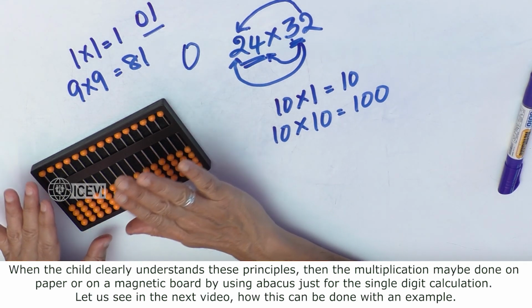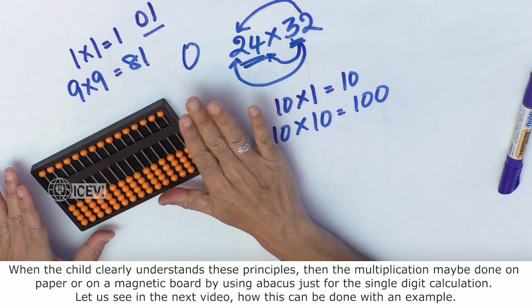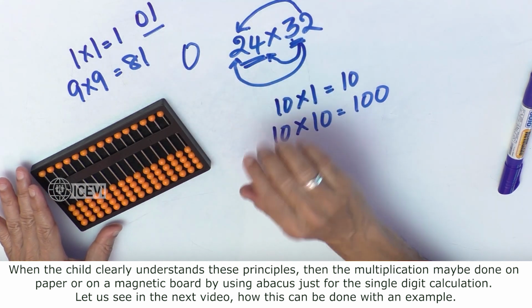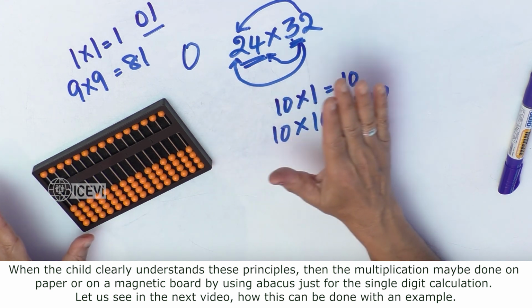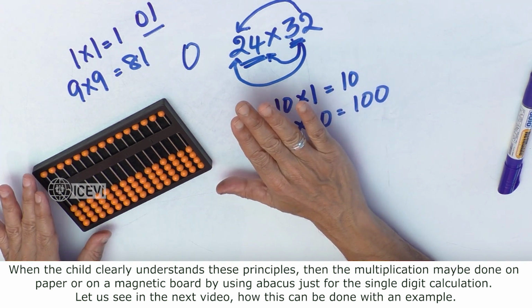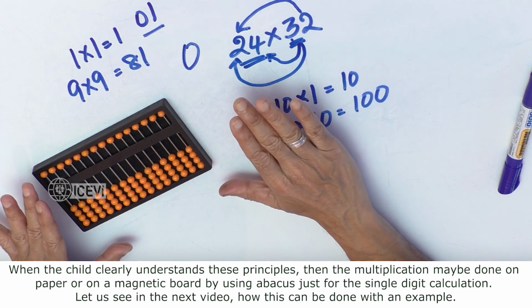When the child clearly understands these principles, then the multiplication may be done on paper or on a magnetic board using abacus just for the single digit calculation. Let us see in the next video how this can be done with an example.